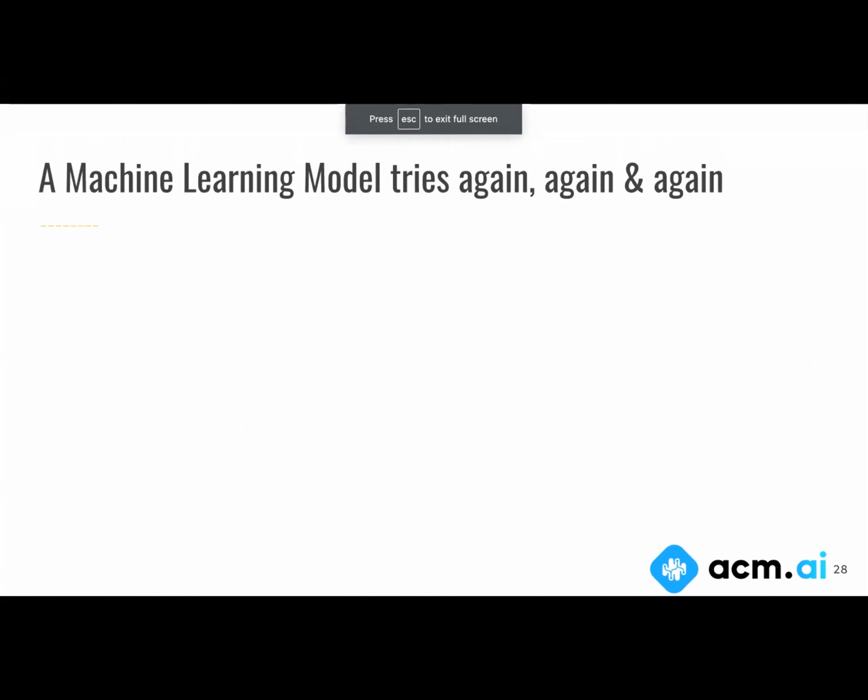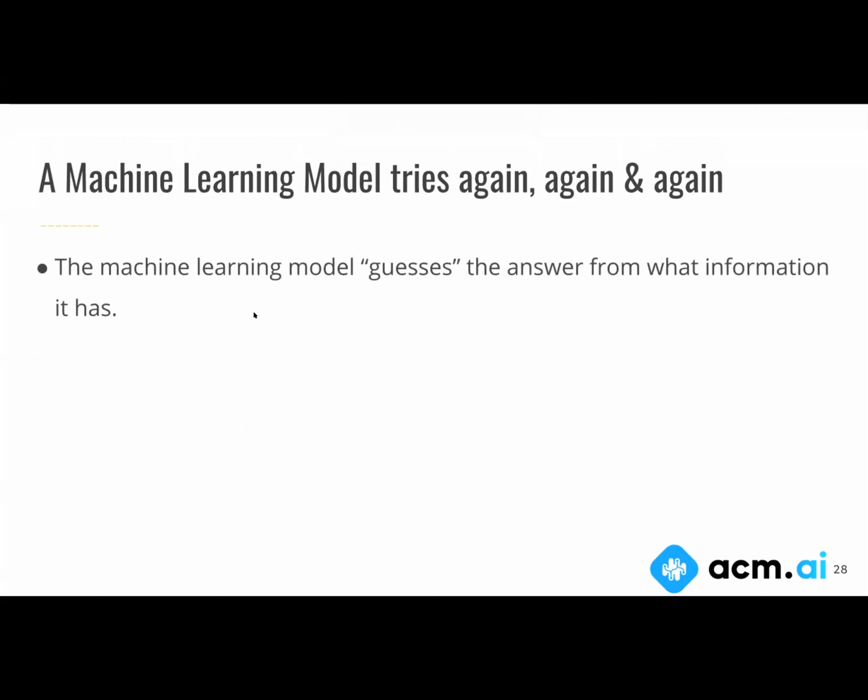All right, so a machine learning model learns by trying again and again. The machine learning model predicts the right value by guessing the answer from the information that it has. Initially the model has zero information, so all the guesses are suboptimal and somewhat random.